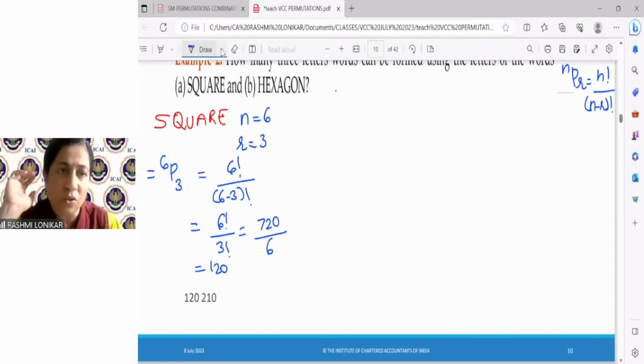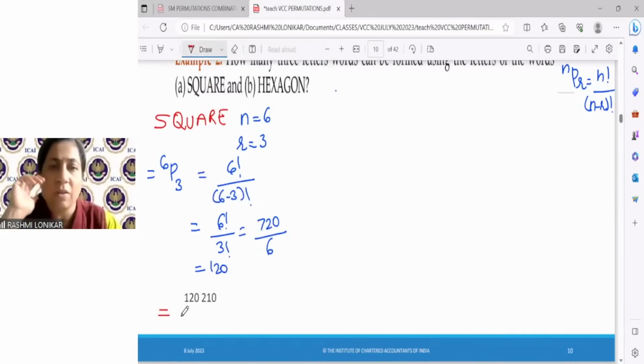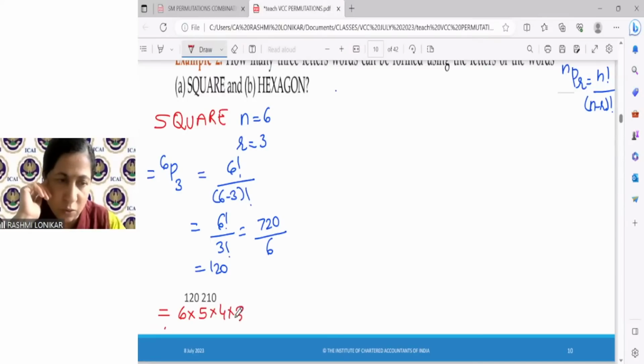But we are also going to use the golden rule. Why? Because this topic is new to me. So 6 factorial can be written as 6 into 5 into 4 into 3 into 2 into 1. And what is the denominator? 3 factorial. So 3 into 2 into 1. So what should I do?